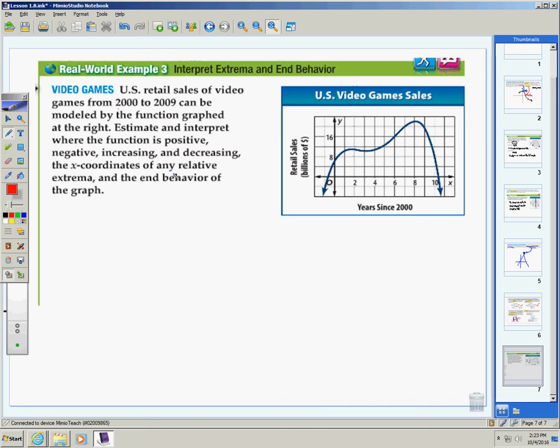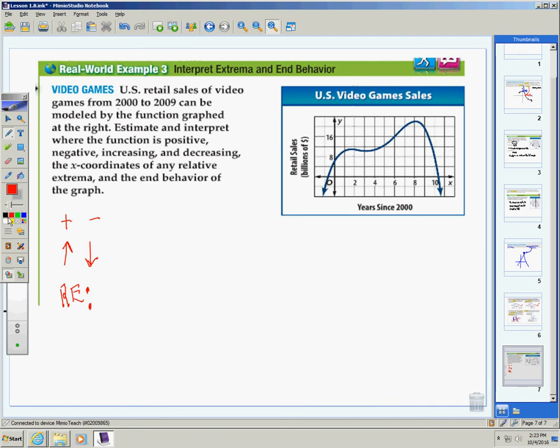So we need to know where it's positive and negative. Then we need to say where it's increasing or decreasing. And then I need the x-coordinates of any relative extrema and end behavior.